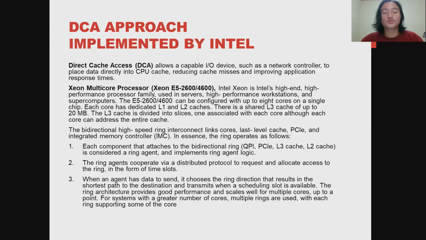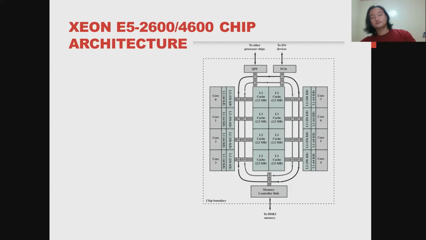When an agent has data to send, it chooses the ring direction that results in the shortest path to the destination and transmits when a scheduling slot is available. The ring architecture provides good performance and scales well for multiple cores up to a point. For a system with a greater number of cores, multiple rings are used, with each ring supporting some of the cores. This is the Xeon E5-2600/4600 chip architecture. You can see it here in the picture.